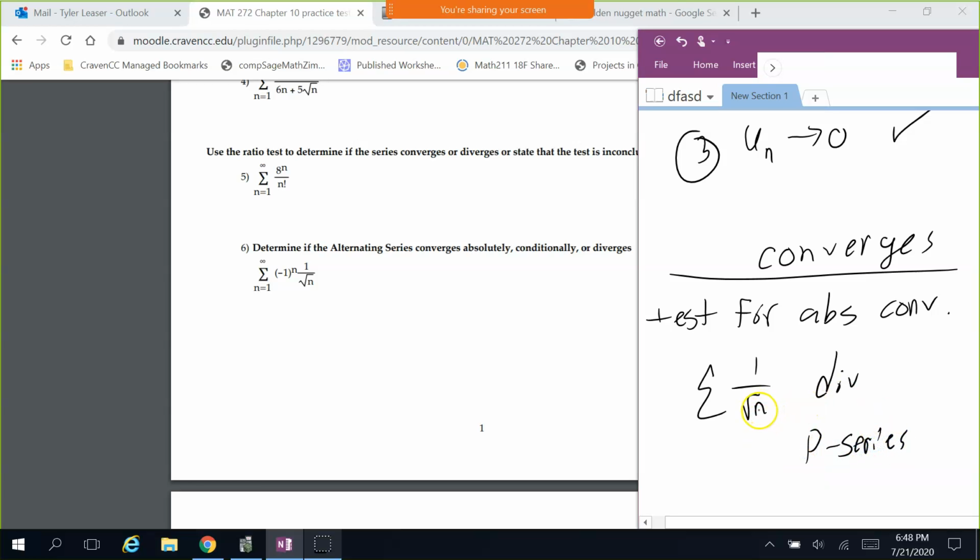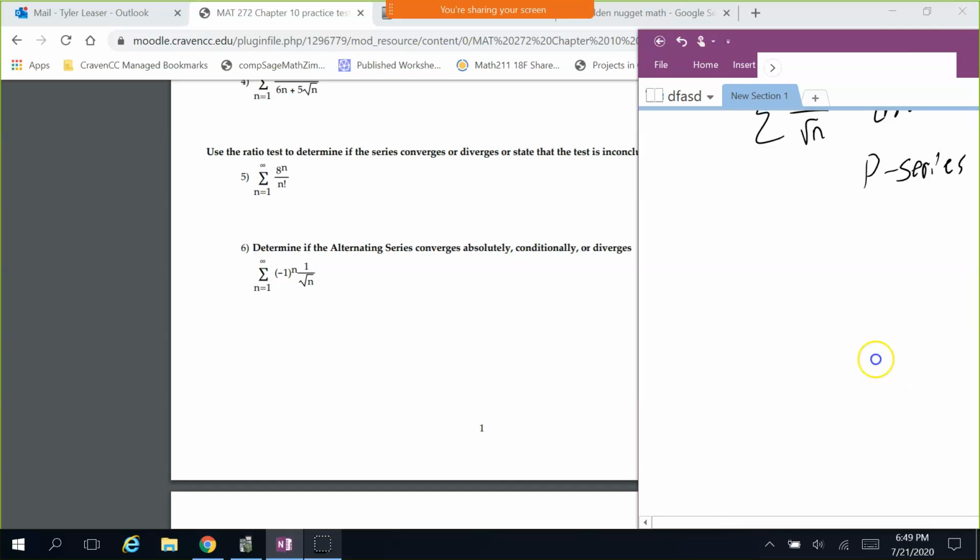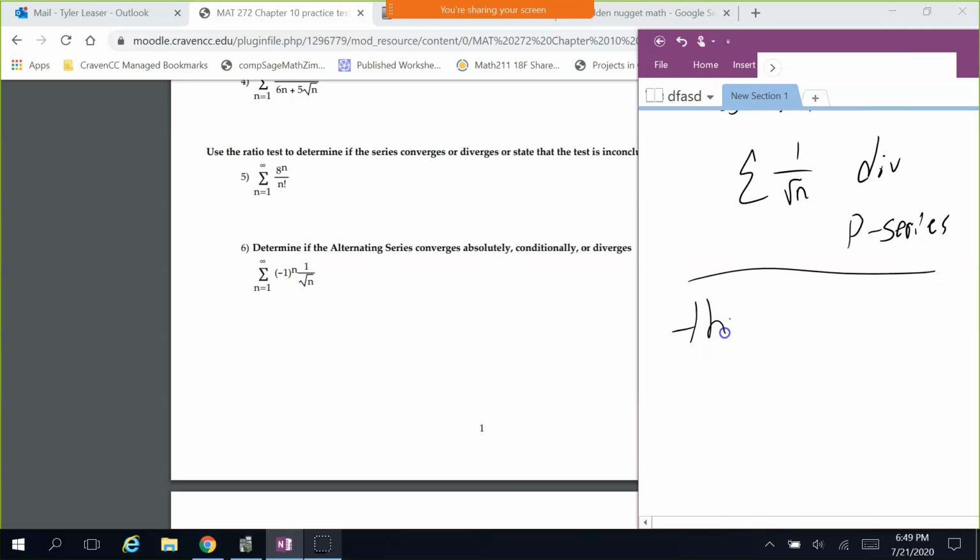The exponent in my n is 1/2, and remember that this only converges when the exponent is bigger than 1. So for us, it's going to diverge. So because the absolute value diverges, it does not converge absolutely. This is going to converge conditionally. So thus converges conditionally.